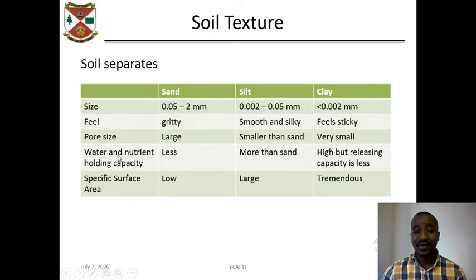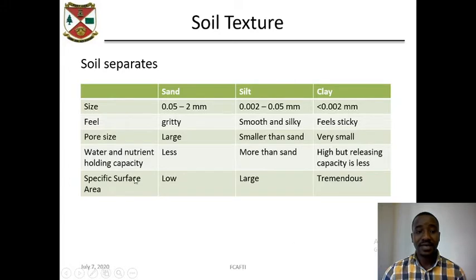But water and nutrients are released by clays in very small amounts. And the specific surface area of these clays is very large, tremendous, very huge. And the properties of silt are between the sand and the clay.